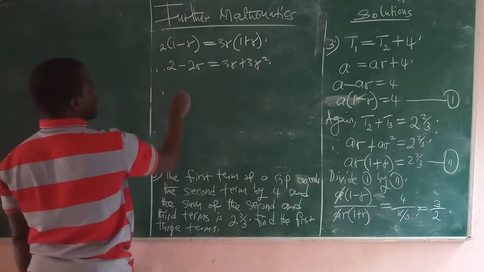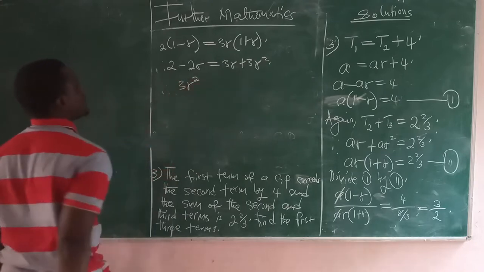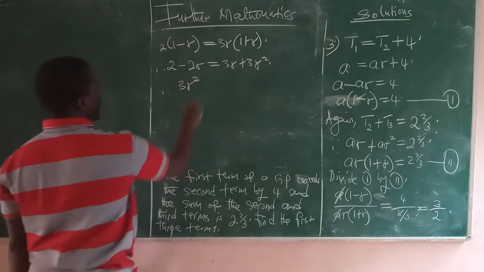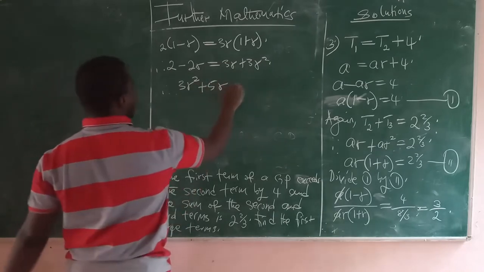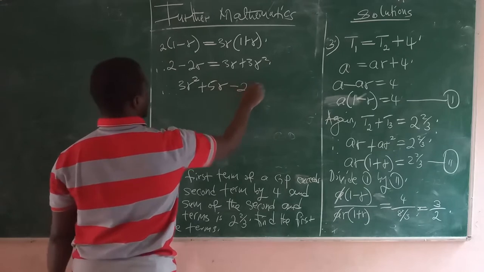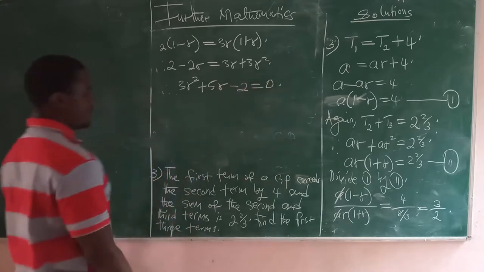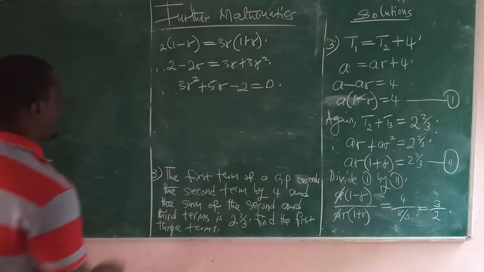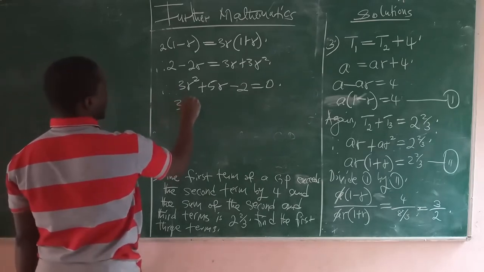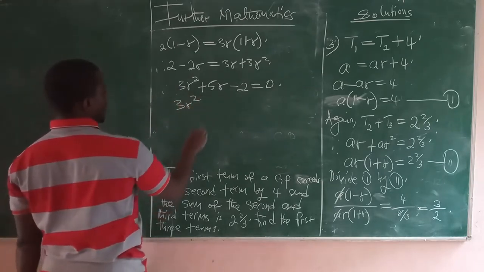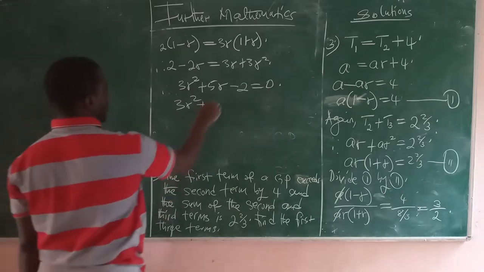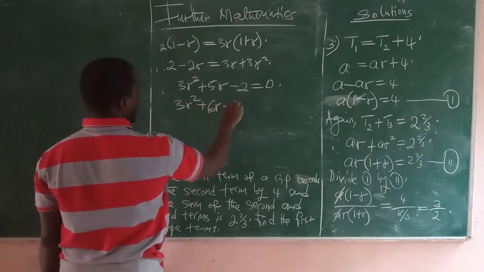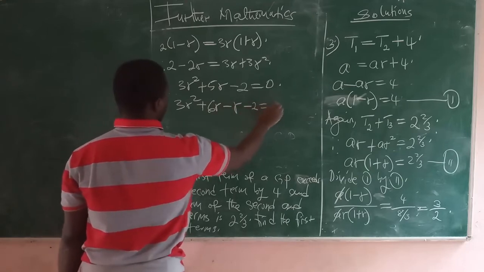And so we have 3R squared plus 5R minus 2 equal to 0. So what are the factors that can fit in here? 3R squared plus 6R minus R minus 2 is equal to 0.